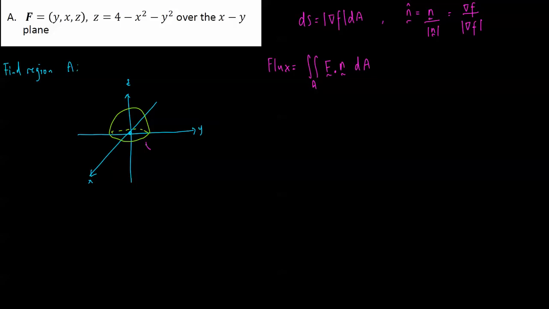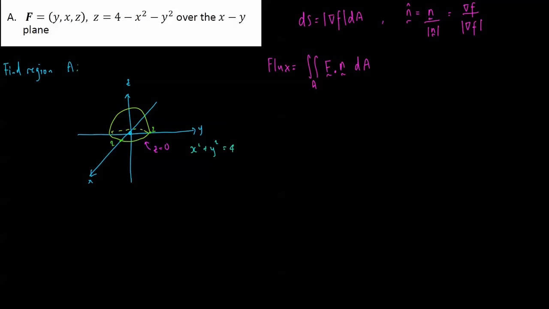When z is equal to 0, we're on the xy plane, and the equation of that circle on the xy plane is, with z equal to 0, x squared plus y squared equal to 4. So it's a circle of radius 2, so it's going to pass through 2, etc.